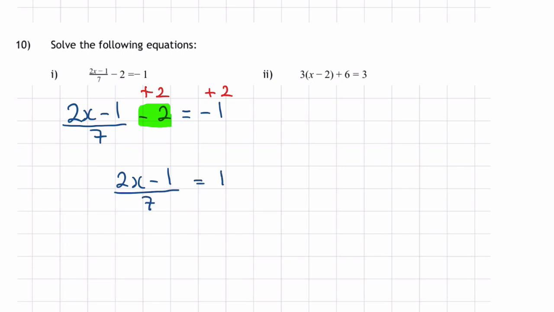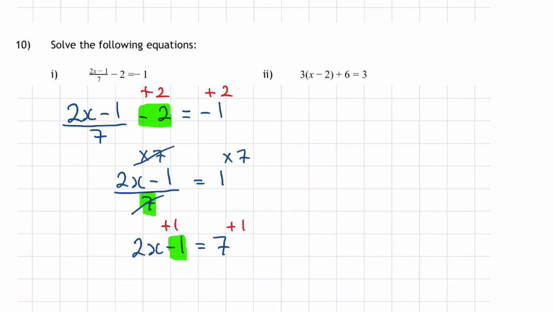Now the next thing I need to eliminate is this 7, and to do that I'm going to multiply both sides by 7, so multiplied by 7 and multiply by 7. These 7s will cancel, leaving me with 2x minus 1, and 1 multiplied by 7 is just 7. The next thing to deal with is this negative 1, and to do that I'm going to add 1 to both sides, so add 1 and add 1.